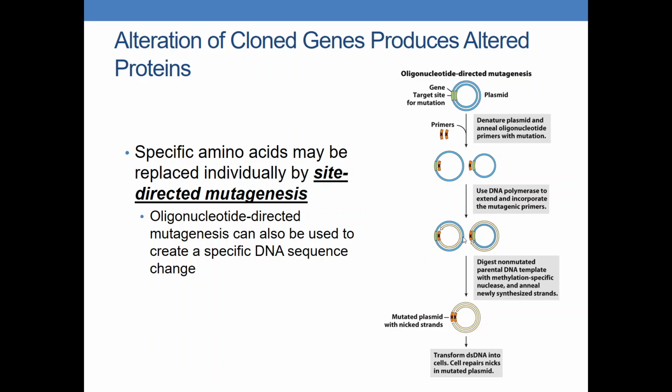So at this stage, I have digested my parent DNA, and I am left only with plasmid that contains that mutation. So I can then ligate this shut, I can transform it into cells, and I can express via the lactose induction strategy that we just talked about, express the mutant protein of interest, and then I can purify it and test the effect of that mutation on the function of the enzyme.